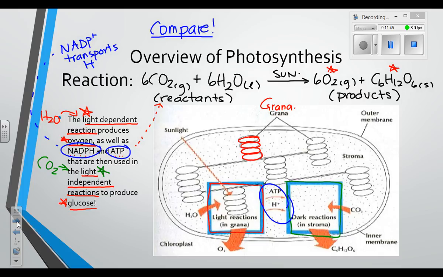I showed you here that one needs light and one doesn't. One happens in the grana, the other in the stroma. One uses water, the other uses CO2. One produces oxygen, the other produces glucose. So you have four things that you could compare them on. Where they happen, whether or not they need light, what goes in, what comes out. Does anyone want to ask anything?